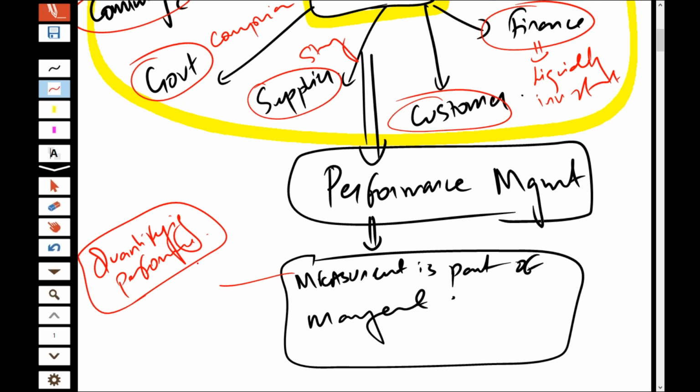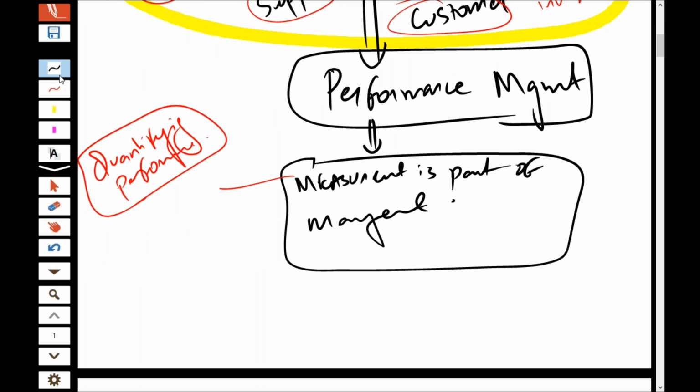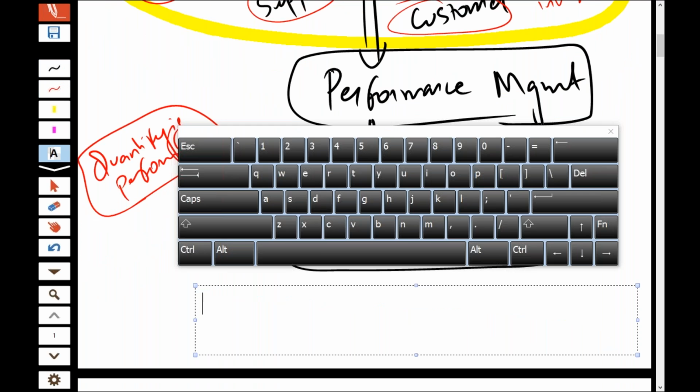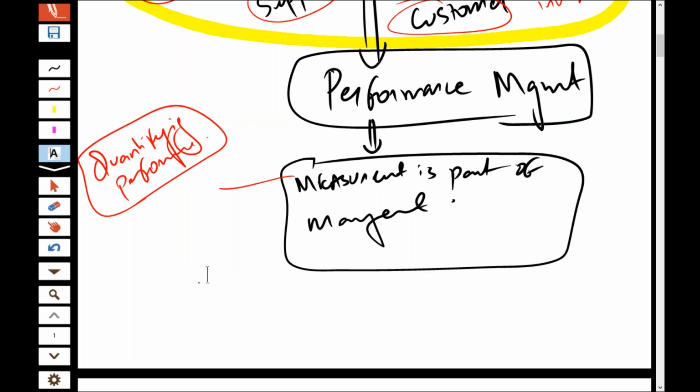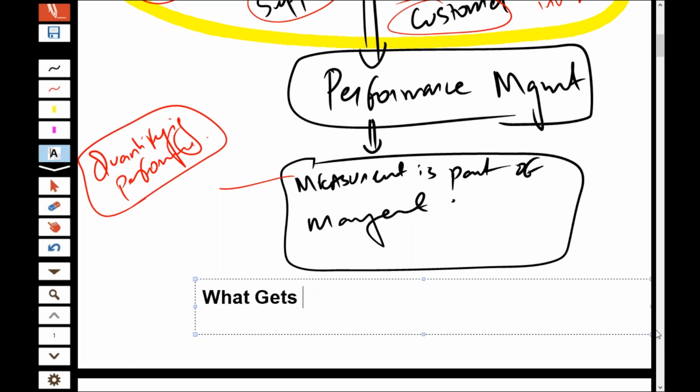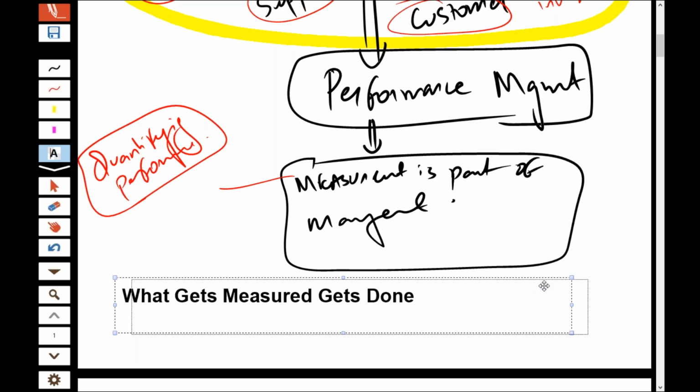So a very important thing that you need to keep in mind whenever we are talking about performance management is that what gets measured gets done. This is the basic concept on which the entire performance management is based.